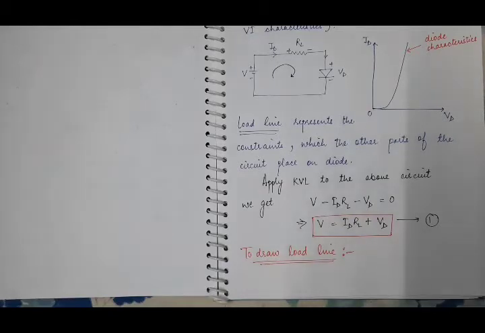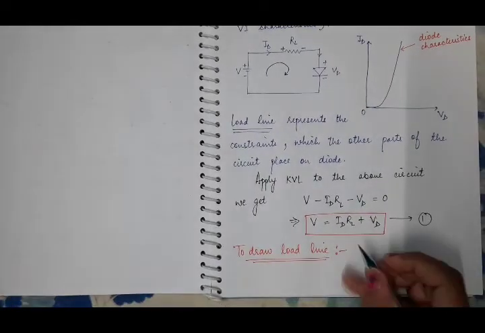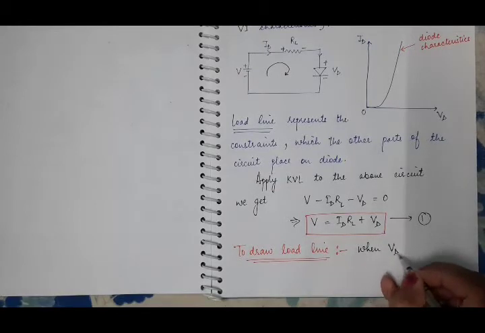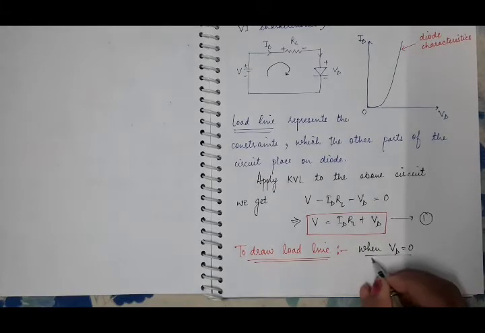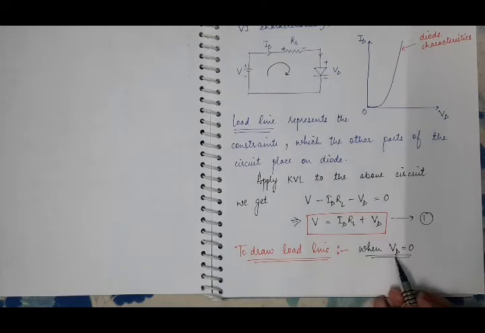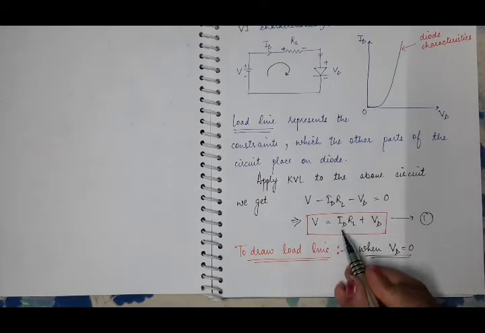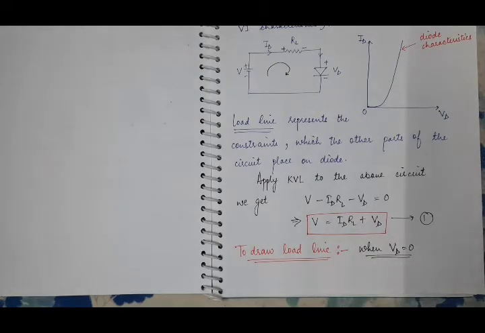First is when VD is equal to 0. Put this value in this equation and find the value of ID corresponding to VD equal to 0.